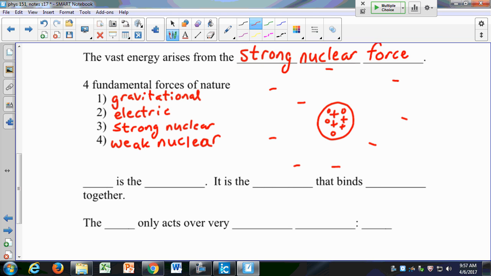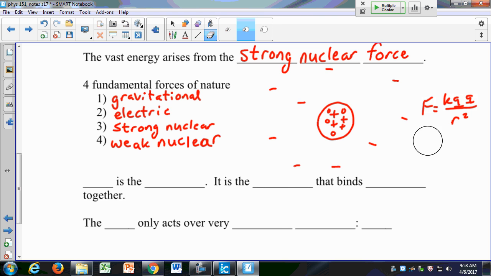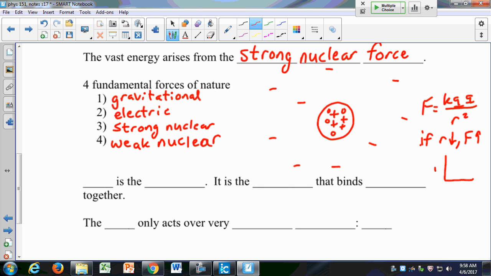And so you know that the electric force is just vast because Coulomb's law is F = kq1q2/R squared. If R goes up, or excuse me, if R goes down, then F goes up. If I were to plot F versus R, it goes up like this.